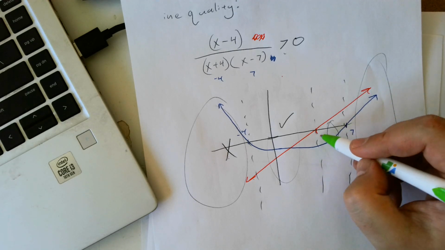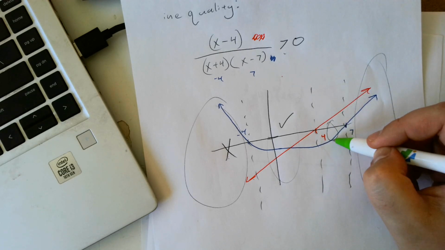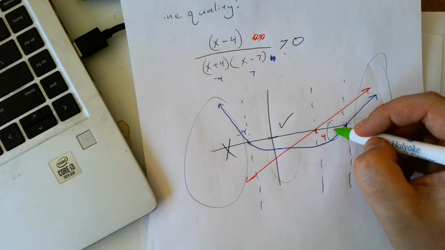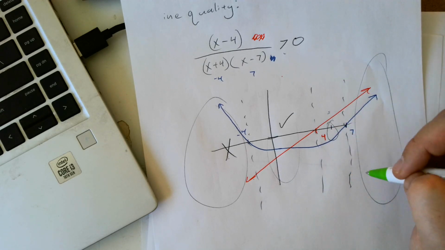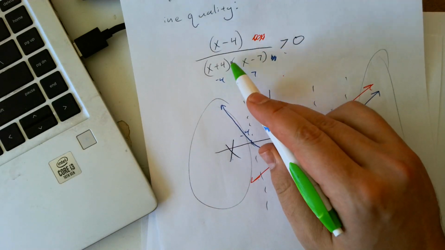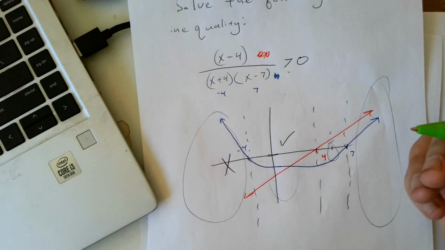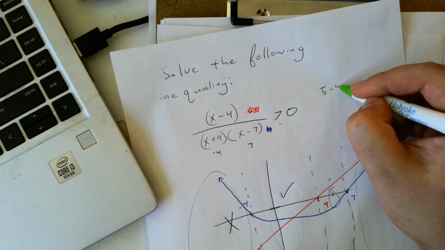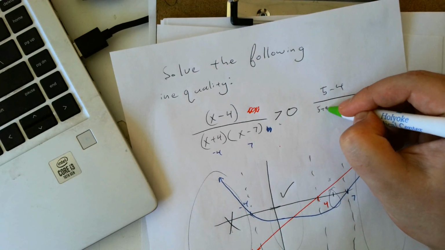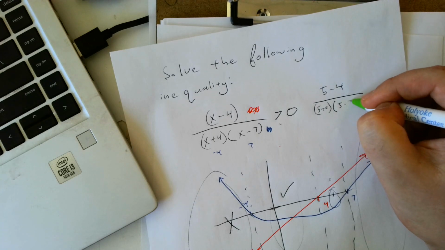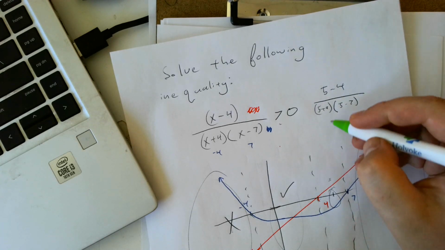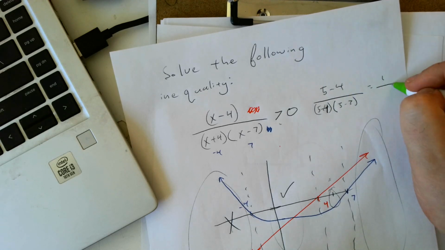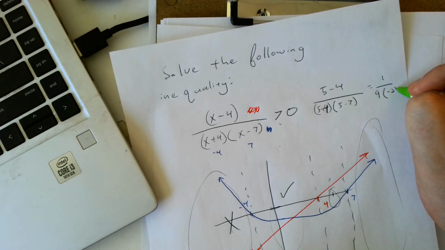But then in between 4 and 7, the red line is above, the blue line is below. That's bad. If I pick a value here like 5 and plug 5 into this inequality, I will get a number less than 0. 5 minus 4 over 5 plus 4 times 5 minus 7. 5 minus 4 is 1 over 9 times negative 2.